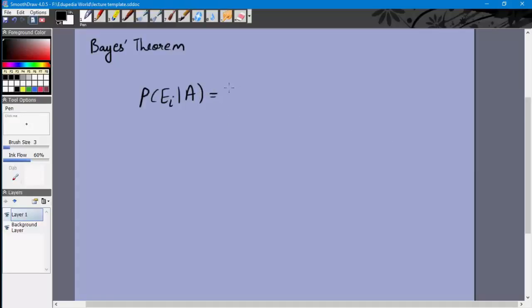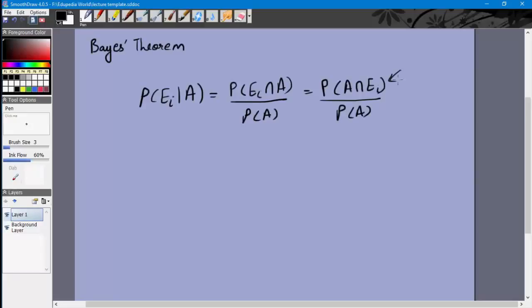First of all, we can write this as P of EI intersection A by P of A. Now P of EI intersection A can obviously be written as P of A intersection EI, and we'll replace the numerator by the same thing we did in the theorem on total probability. So this comes out to be P of A conditional EI into P of EI, and then you have by P of A. This is the multiplication rule which we learned in the previous video.